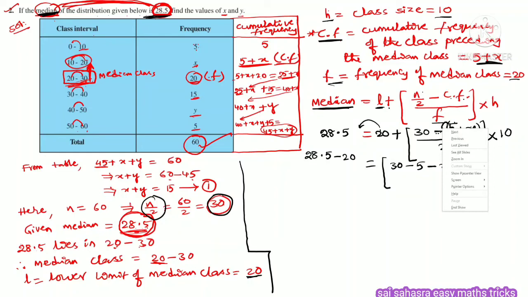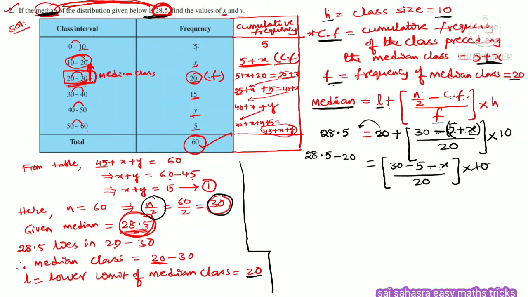If in the bracket we have positive values and before the bracket we have a negative, all the positives will become negative and negatives will become positive. Since both are positive, positive 5 will become negative 5, positive x will become negative x, divided by 20 into 10.